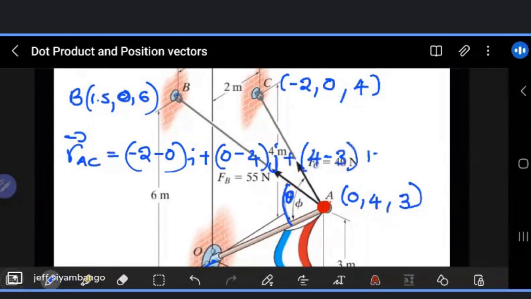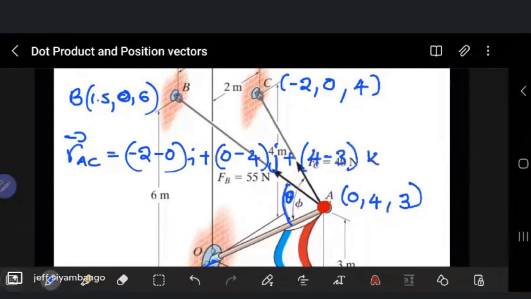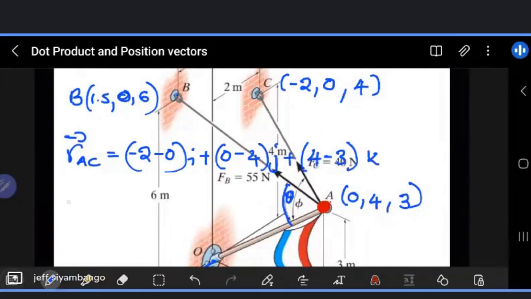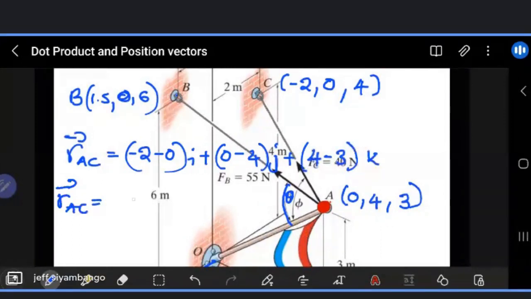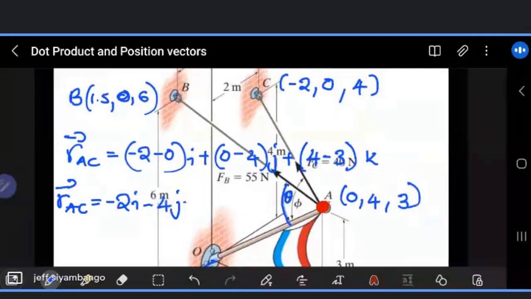This is K. Okay, so we have RAC. In the end, this will be -2I, and then -4J. Then this is going to be plus K, because 4 minus 3 will just be 1. So this is what we end up with as RAC.